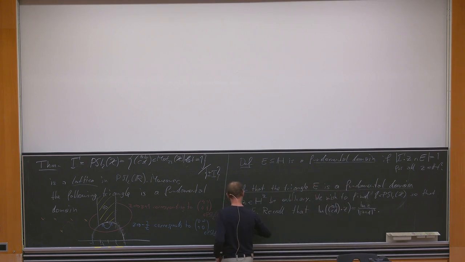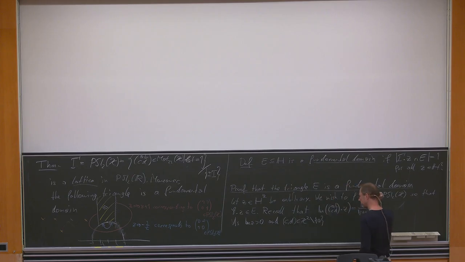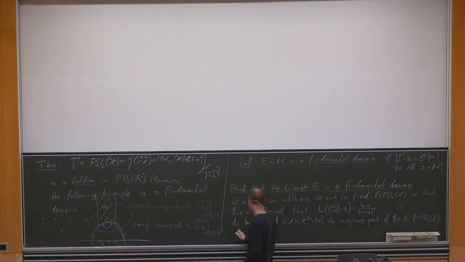As the imaginary part of Z is positive, and C and D are integers that are not both 0, the imaginary part of gamma Z for gamma in PSL2Z obtains a maximum.